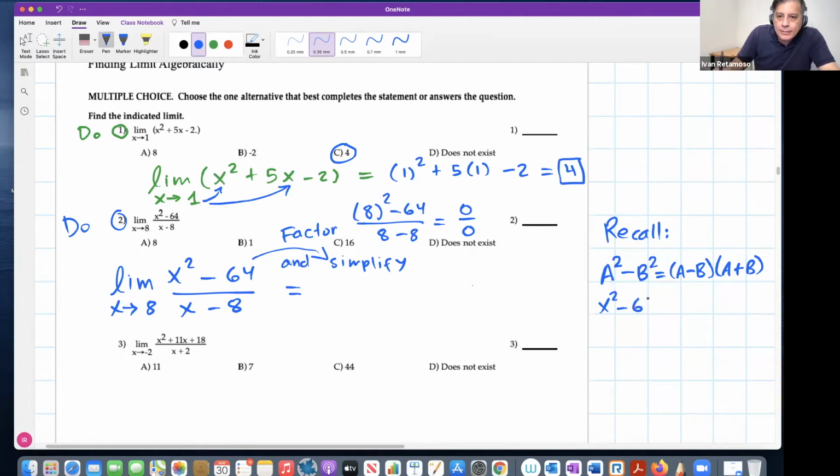So x squared minus 64, as a hint, is the same as this. Use this as your factorization, then simplify, and then plug the value in again.